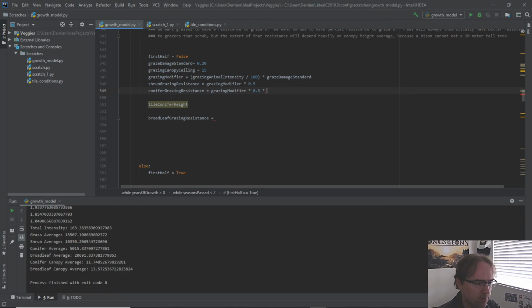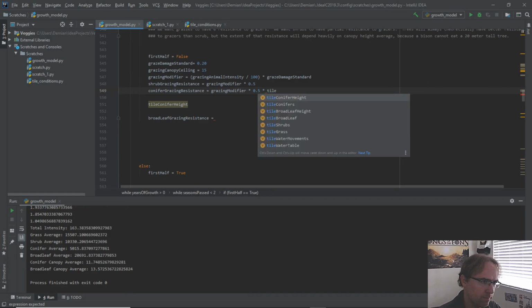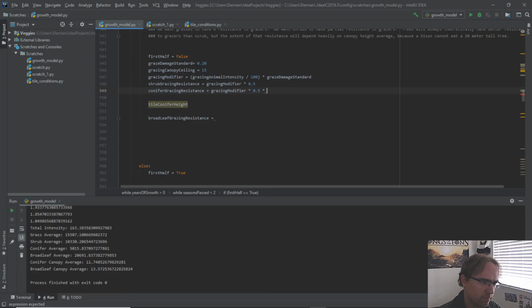So it'll be like tile conifer height divided by grazing canopy ceiling.